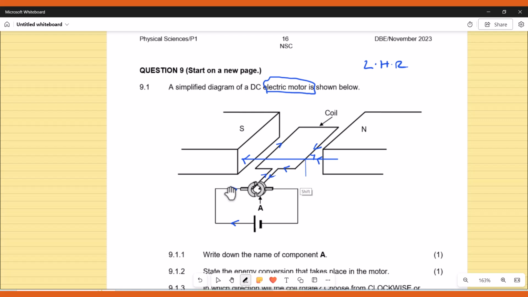Because the thumb is facing down, if I draw the line of axis like this for the coil, it's going to rotate clockwise. So the answer is what? It must be clockwise. It's not anti-clockwise, I beg your pardon. It's going to be the clockwise direction.